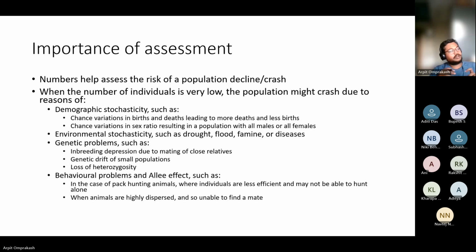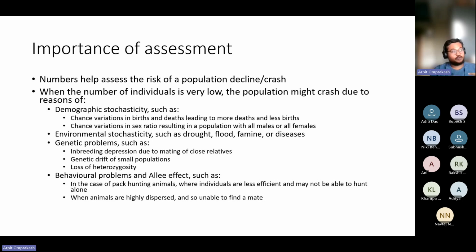Demography is basically population structure and how it changes. So demographic stochasticity is variation in parameters that affect the demography of the population, or how many individuals are there and how they are distributed.